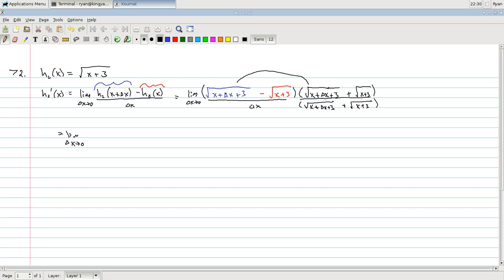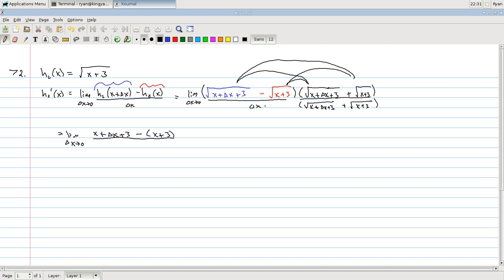The square root here and the square root here, since the insides are the same, will cancel to leave us x plus delta x plus 3. If we look at the outside and the inside terms, this is a conjugate, so these will cancel out. And then we multiply the last terms together, we're subtracting x plus 3, because again the radicals cancel.